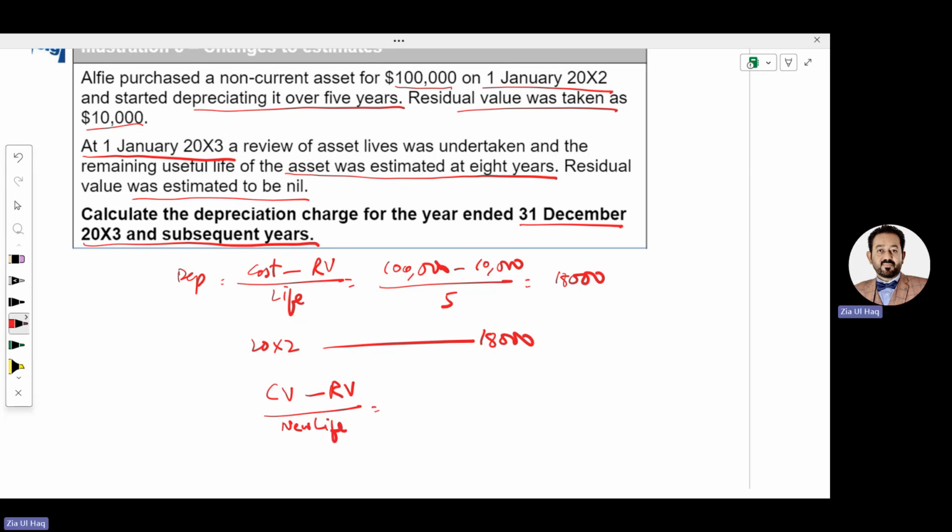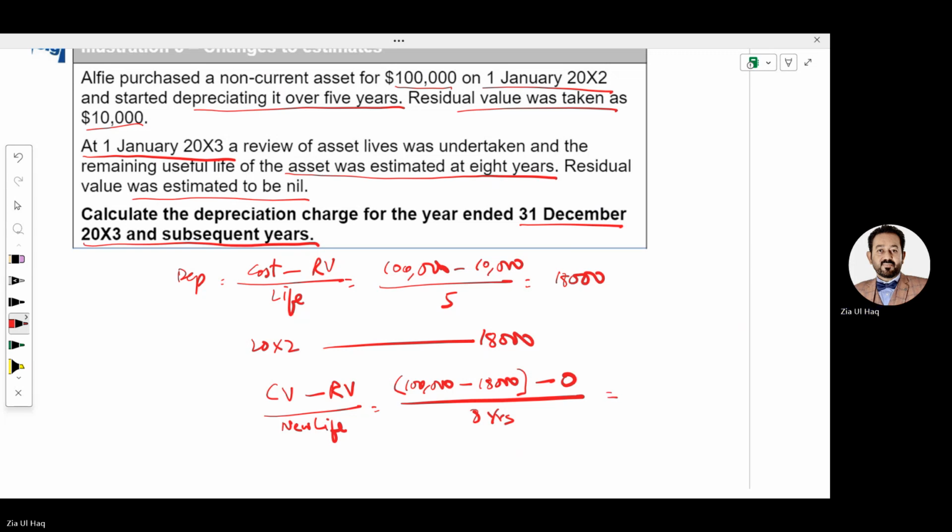How to calculate carrying value? Cost less depreciation. So cost was 100,000 minus 18,000, we will calculate carrying value. Residual value is 0, divided by new life of 8 years.